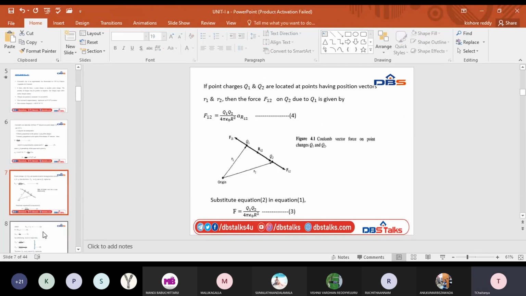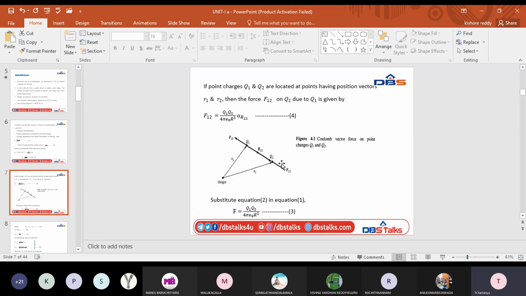See, this is the diagrammatic representation. Let us consider the origin point is here. From the origin, we are placing two charges, namely Q1 and Q2. The respective distances are R1 and R2. Now we need to find the force on charge 2 due to charge 1.